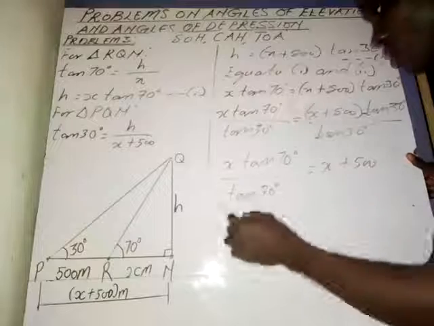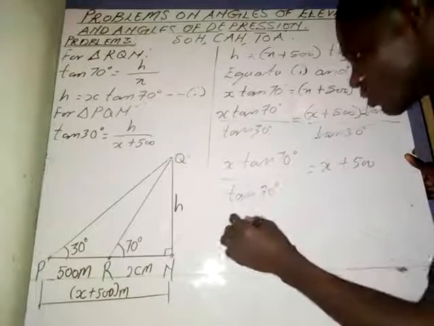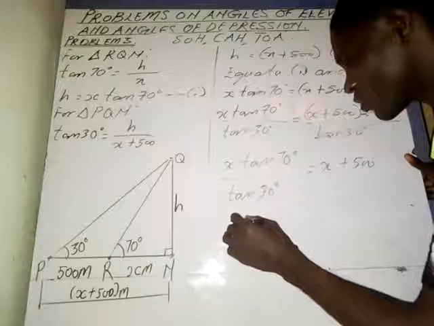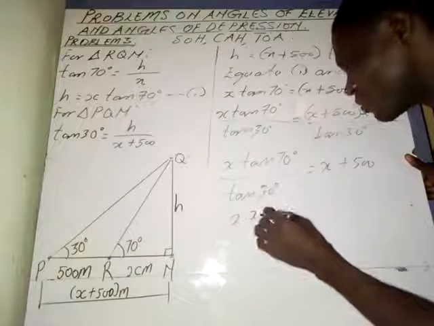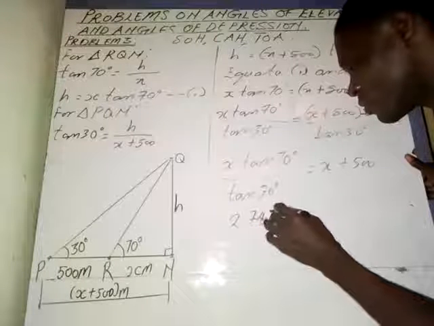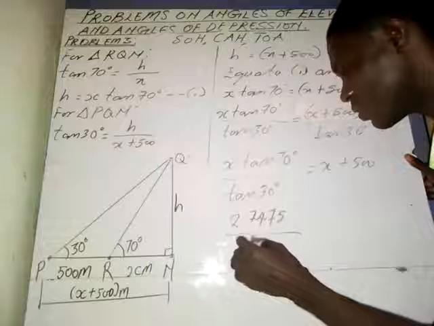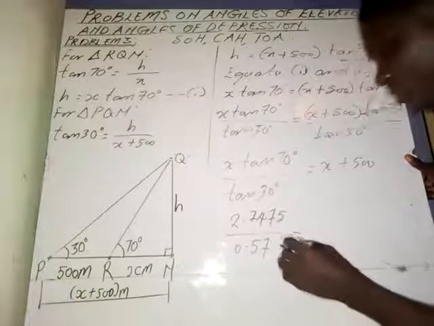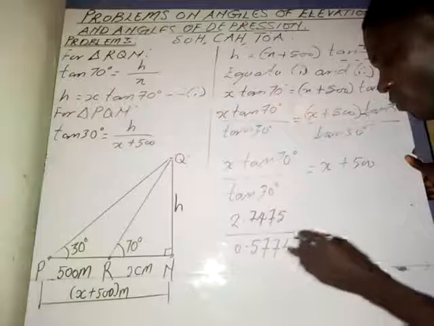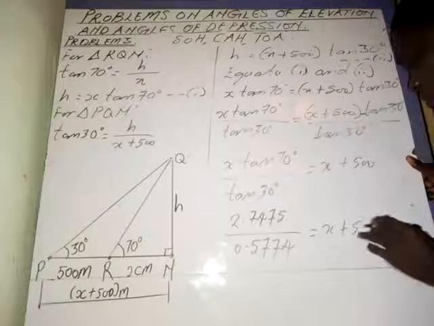So here we find the value of tan 70 and tan 30 degrees. Tan 70 is 2.7475, and tan 30 is 0.5774, which is equal to X plus 500.